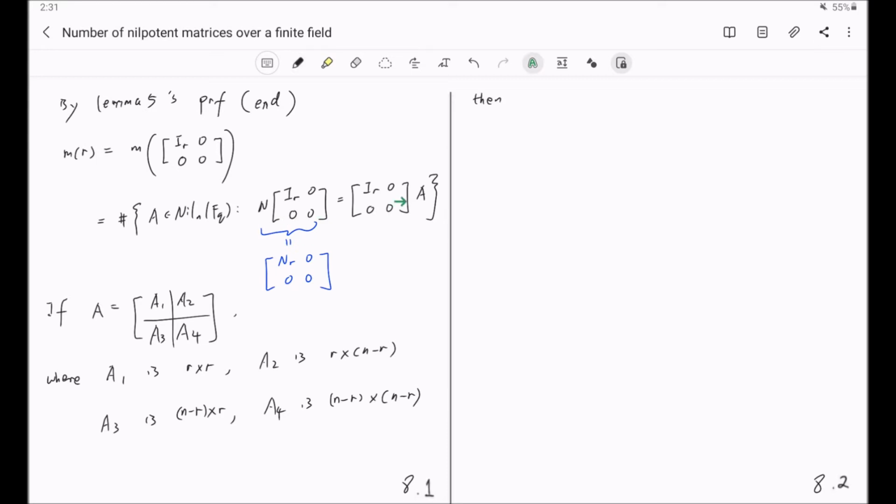Then this equation, let's denote this with star.